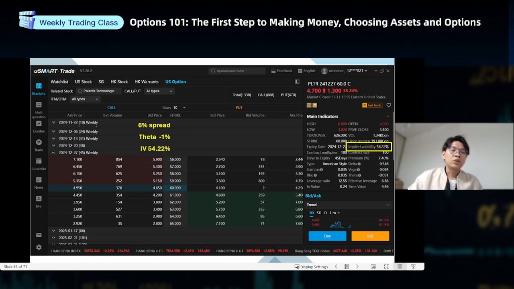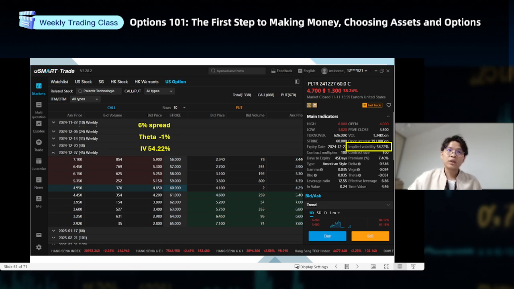And now you need to check whether this premium is in a very expensive zone or a cheaper zone. And you can check the implied volatility, because the higher the implied volatility, the higher the premium price. And in this case, for these options, the implied volatility is 54.22%.